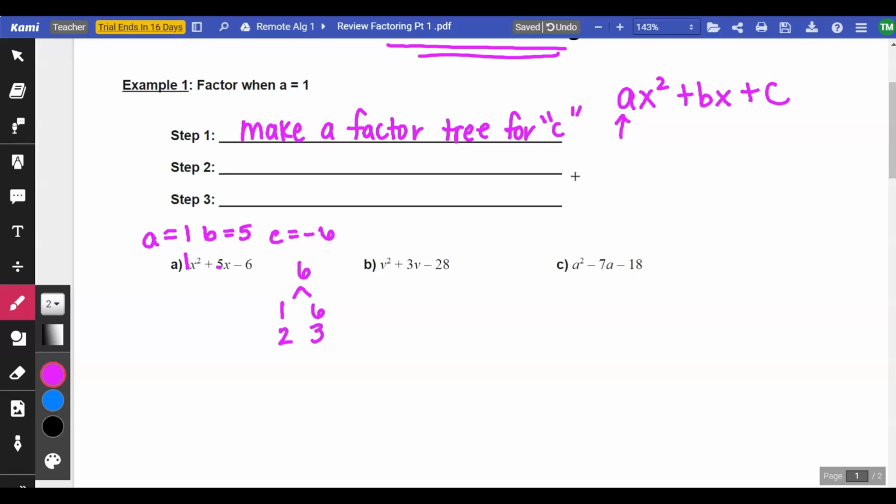So we need to pick factors of 6 that are going to add or subtract to give us b, which is 5. So that's step 2. Pick factors of c that add or subtract to get b.